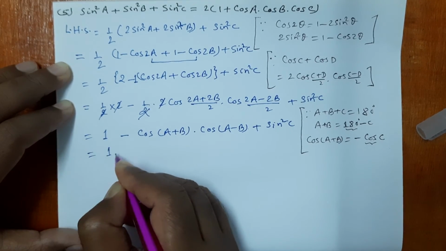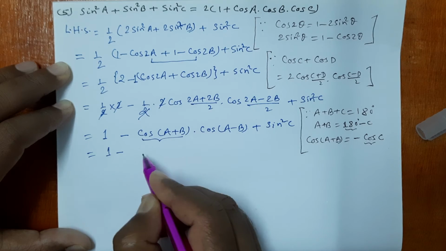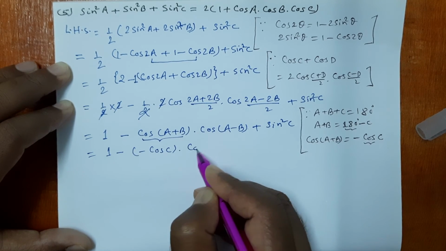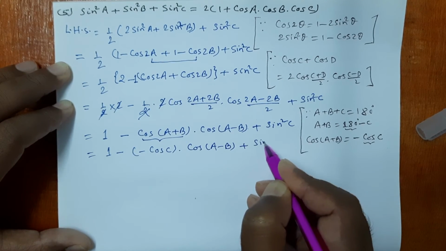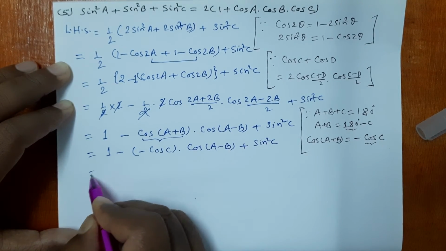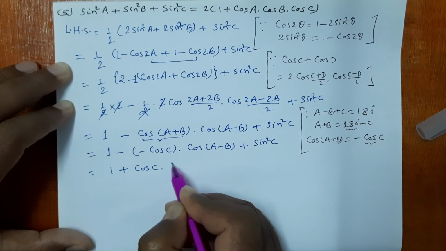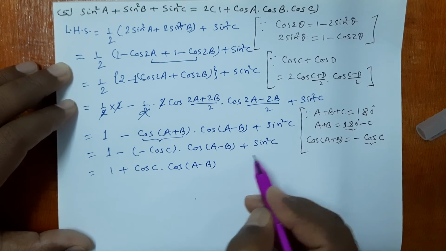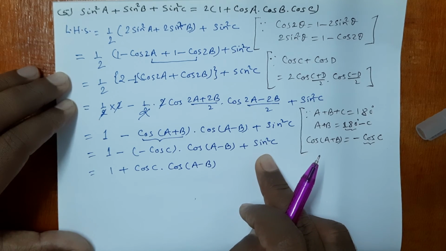And now here we have 1 minus cos of A plus B, and this equals minus cos C, and we already have cos A minus B plus sine square C. So 1 minus times minus is plus cos C and cos A minus B, and here is cos C, so to take out common we should also change this in terms of cos.